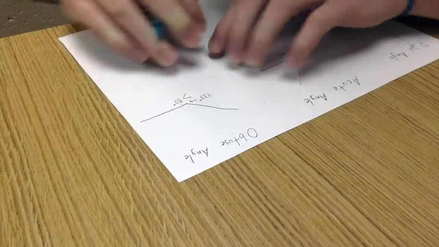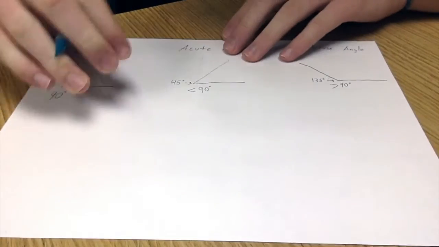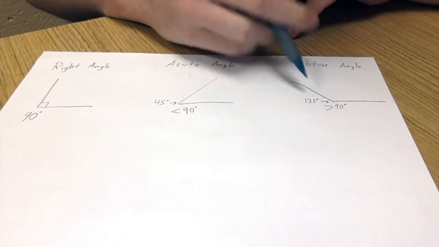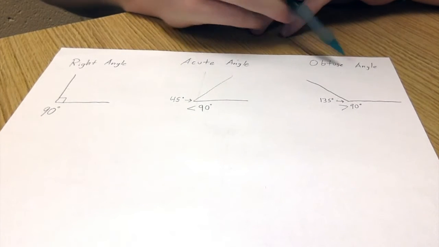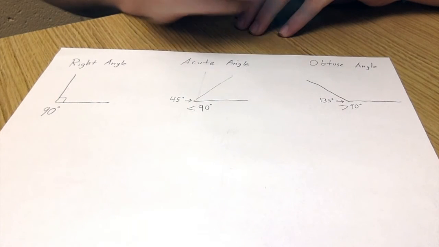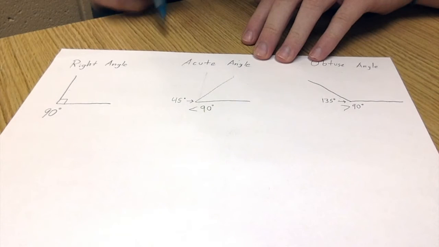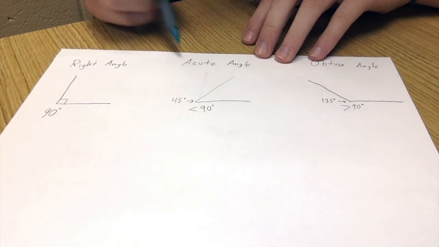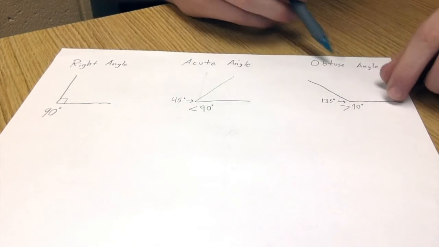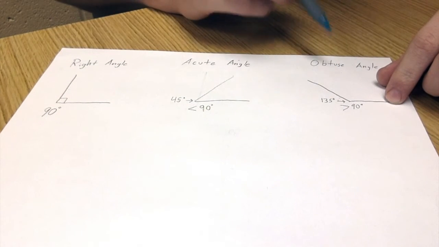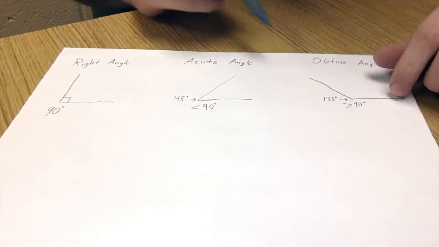Well, 135 is greater than 90, so it will for sure be an obtuse angle. So just to recap, right angles are always 90 degrees, acute angles are always less than 90 degrees, and obtuse angles are always greater than 90 degrees. Just remember that.